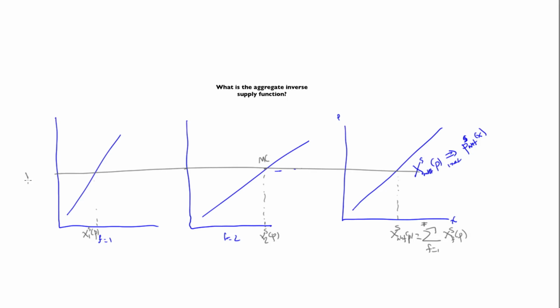And at this price P is equal to the marginal cost for firm 1 of an extra unit, the marginal cost for firm 2 of an extra unit, etc. So similar to before, what we get is that this quantity, the inverse supply for the market at the quantity X, is the marginal cost of producing an extra unit by any of the firms with positive production.